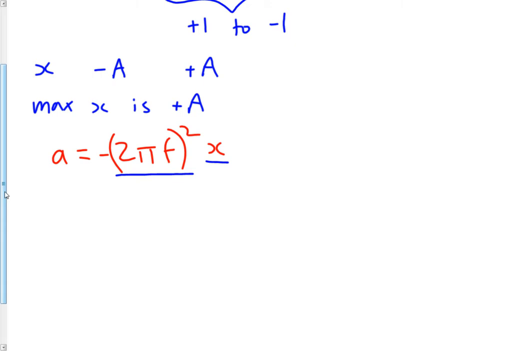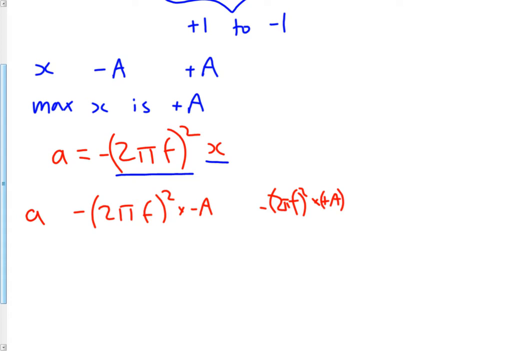So a varies between minus 2 pi f squared times -a and minus 2 pi f squared times +a, which is just 2 pi f squared a and 2 pi f squared minus a. So maximum a is, we'll take the positive one of those, 2 pi f all squared a.